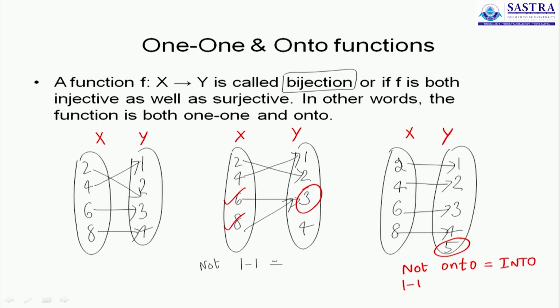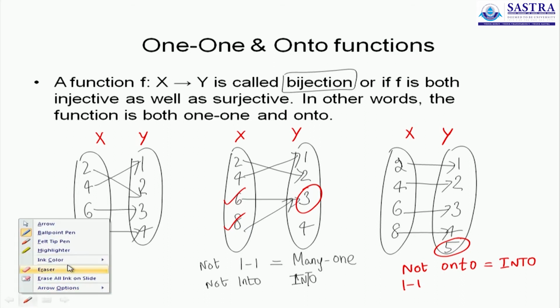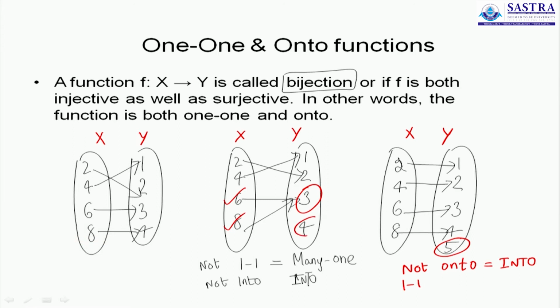Some textbooks also call this a many-to-one function. More than one element gets mapped to the same element of set Y. And this is also not onto, because you will see that the element 4 is missed out. It's neither one-to-one nor onto.